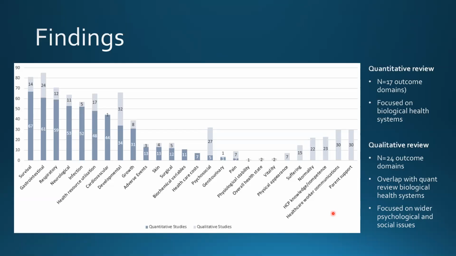So, for example, for the gastrointestinal health system, the quant review identified trials where necrotizing enterocolitis was a particular outcome domain measured in so many studies. But the qualitative review demonstrated the meaning that was ascribed to the gastrointestinal system.